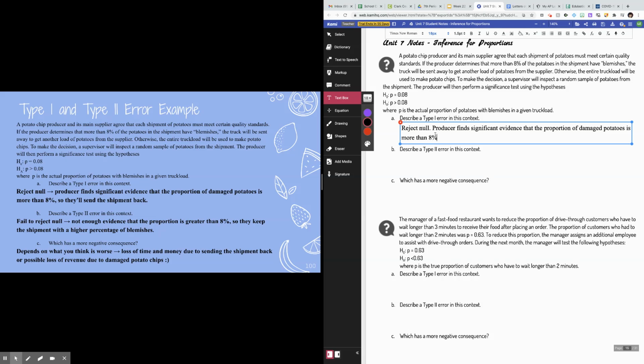So we're rejecting the null, which means we're going with the alternative hypothesis instead. That means in this truck, the decision we would make is that we would send the shipment back.